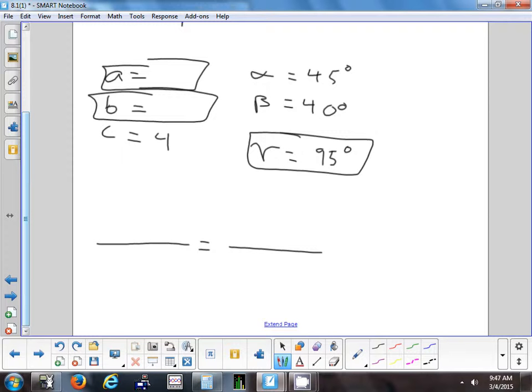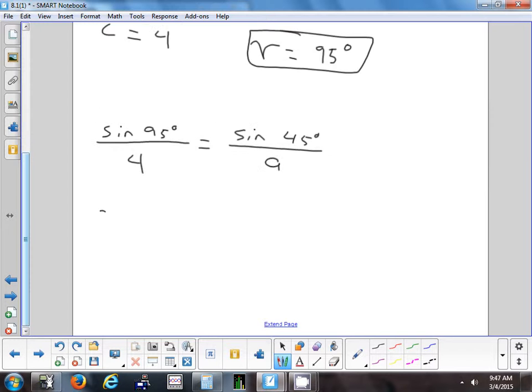Okay, so let's set up our problem. We've got the sine of the angle divided by the side across from it equals sine of an angle divided by the side across from it. Cross multiply. You get 4 sine 45 over sine 95.